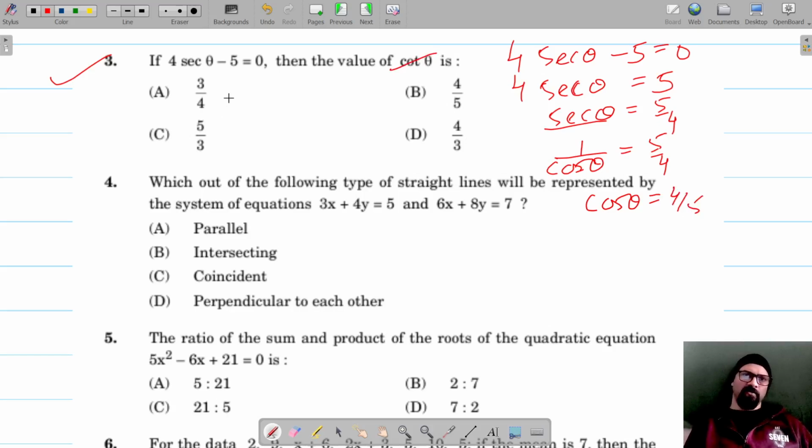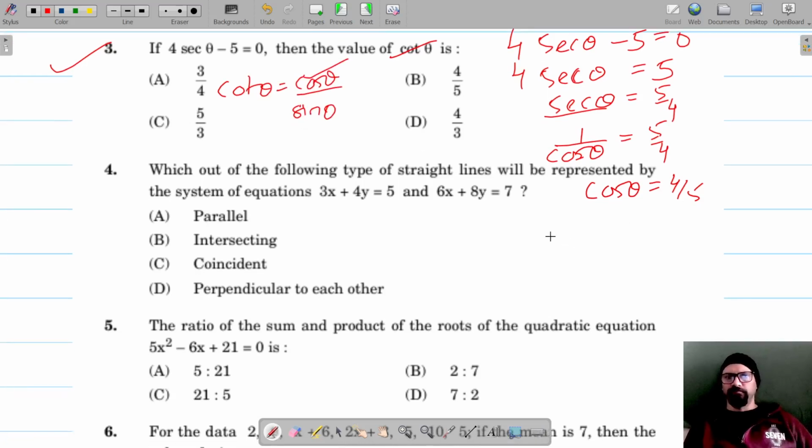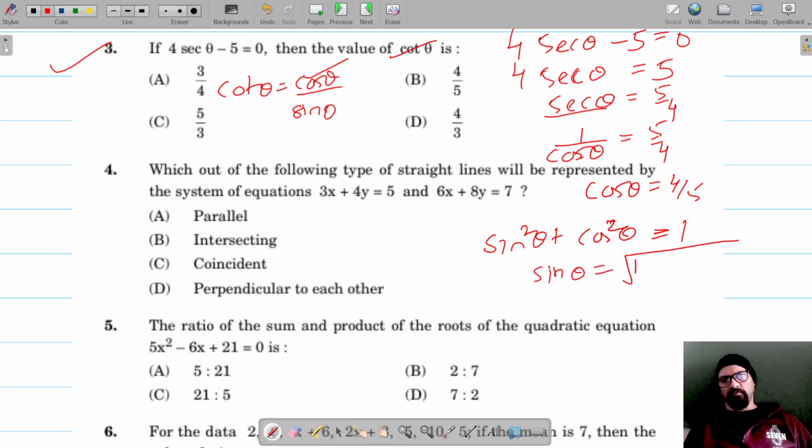Now we have to find cot, and we know that cot theta is given by cos theta by sine theta. So we have got cos theta. Let's get sine theta. Now let's use the identity, that is sine squared theta plus cos squared theta is equal to 1, which gives me sine theta is equal to under root 1 minus cos square theta.